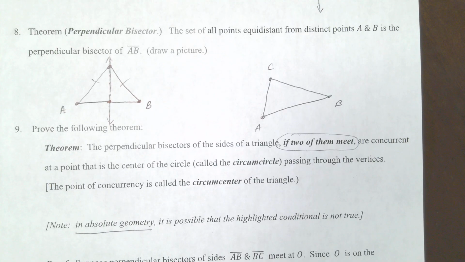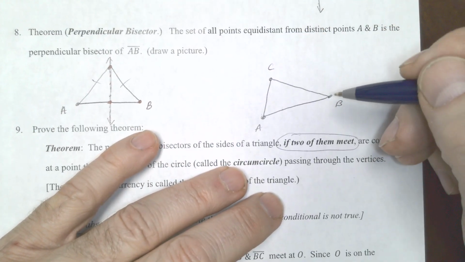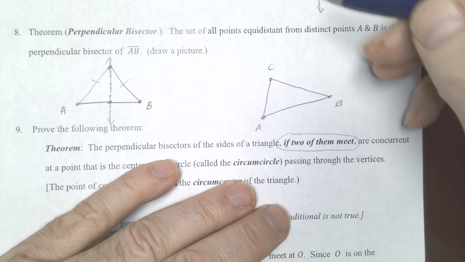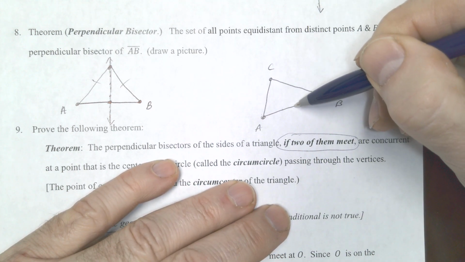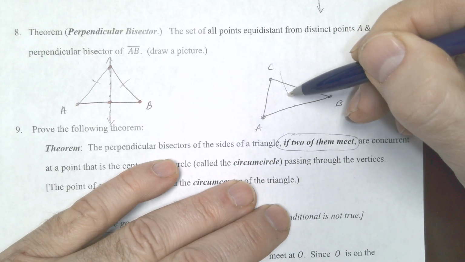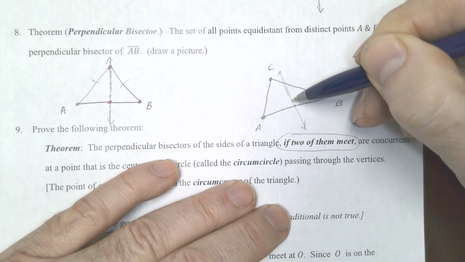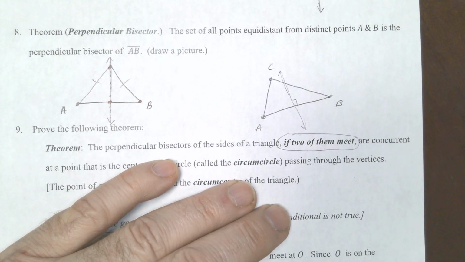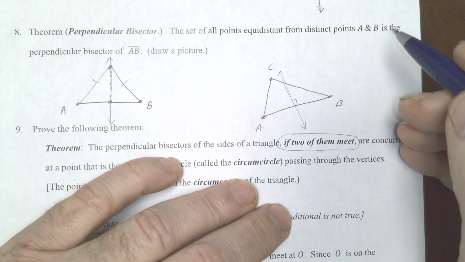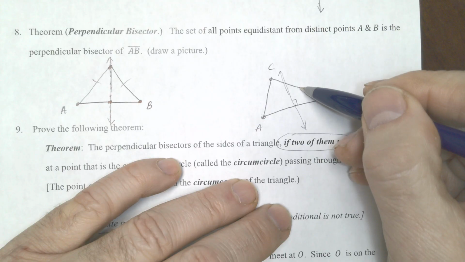Okay, so what are they saying? Let's take a perpendicular bisector of AB. So the perpendicular bisector of AB would be something like this. Right? That's a 90-degree angle. Now let's do it with one other side. Maybe that looks too easy.